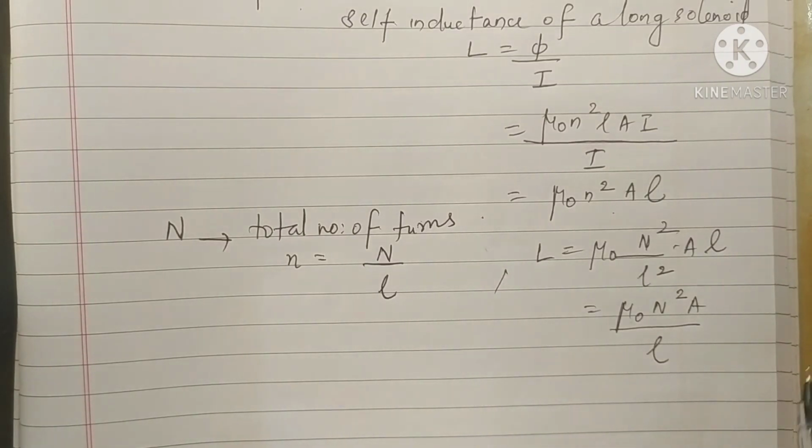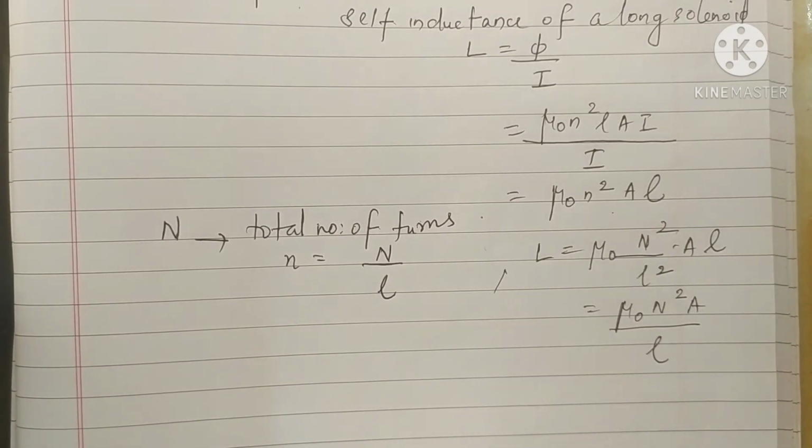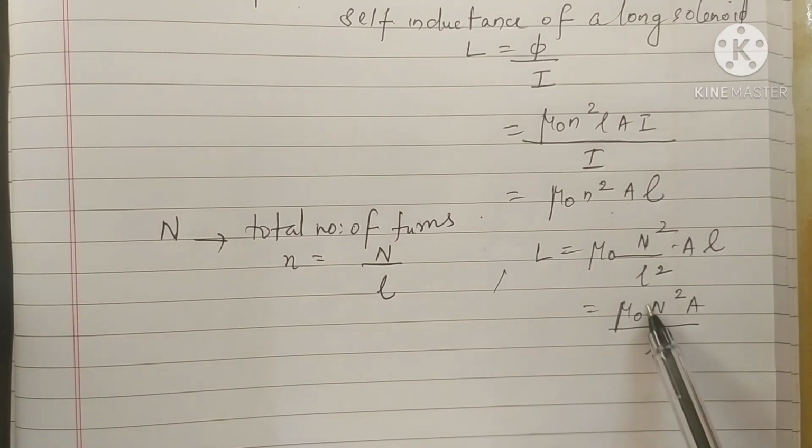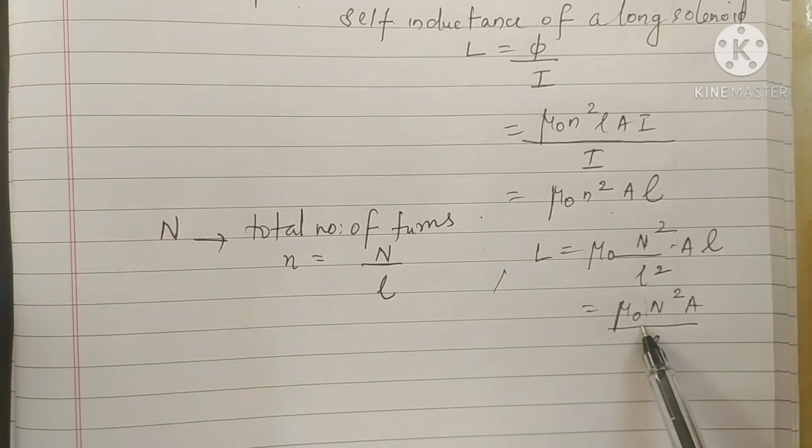Clear? And if the coil is wound over a material of high relative magnetic permeability mu, like soft iron or something, then in this expression mu naught will change to mu.